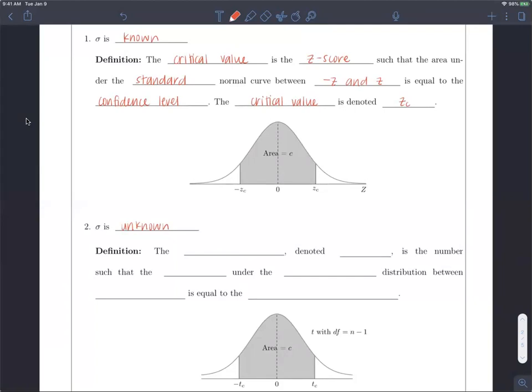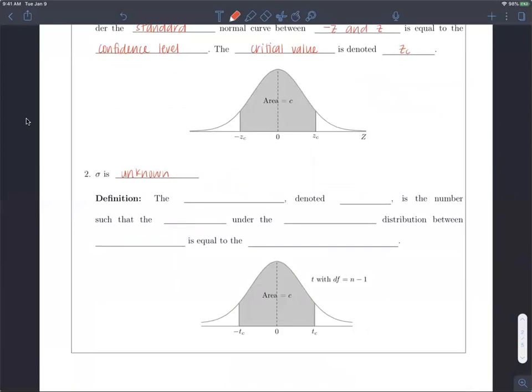And so here, we are going to talk about the critical value when you don't know sigma, which I think I had told you before that there isn't a critical value. The only thing is, it's no longer a z-score. So the critical value is now denoted with a t.